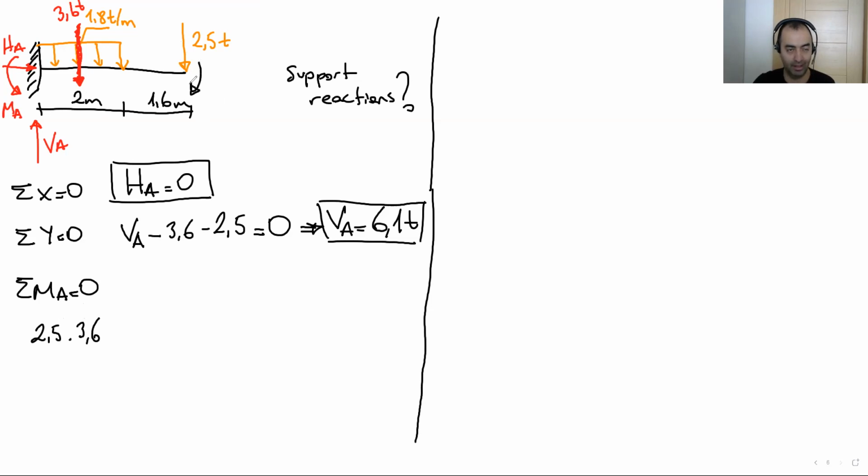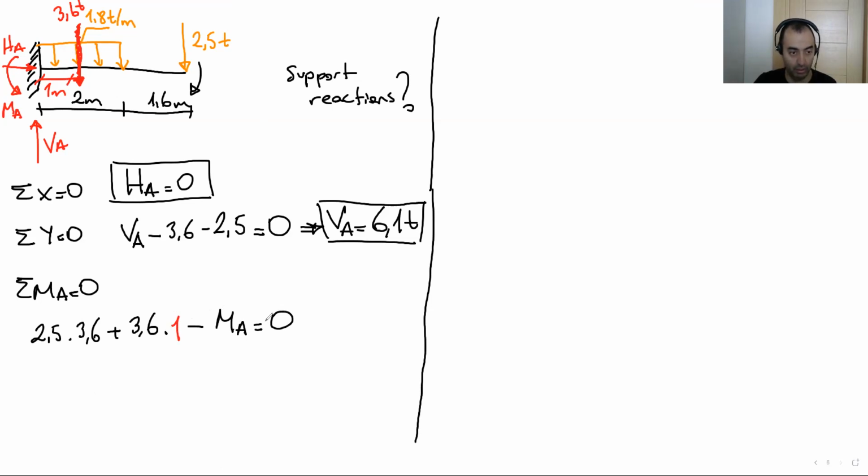Rotates in this direction. Let's say this is positive. Then plus 3.6 times, here is the distance, 1 meter. Remember, this is the midpoint of this rectangle. Total is 2 meters, half is 1 meter. And minus MA equals 0.